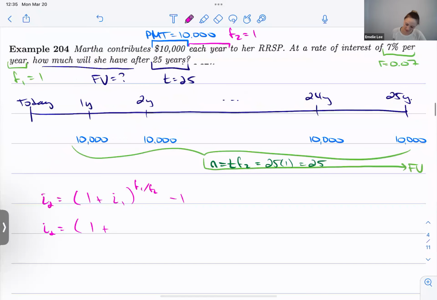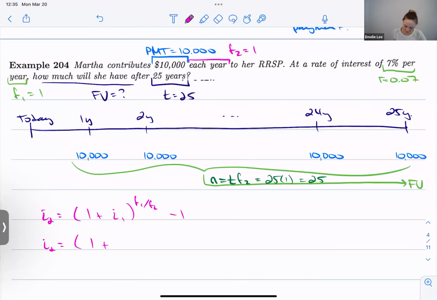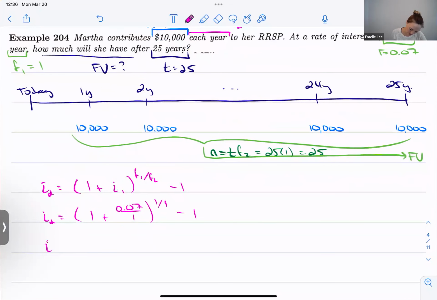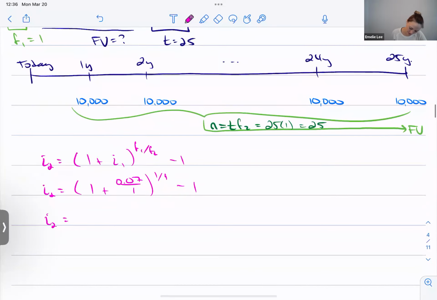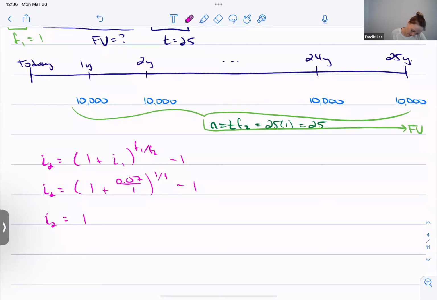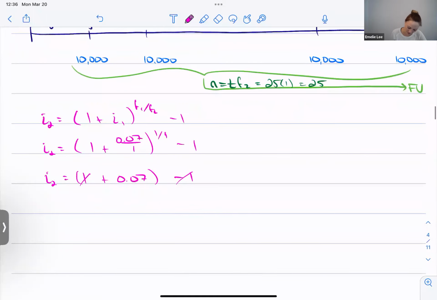It was 7% per year, so 0.07, so 1 plus 0.07 to the power of 1 over 1, minus 1. So I2 is 1 plus 0.07 to the power of 1, then minus 1. Now this 1 minus 1 cancels, so I2 is 0.07.